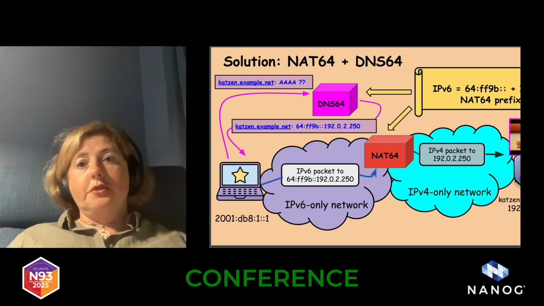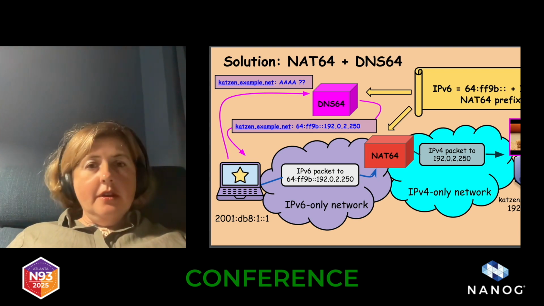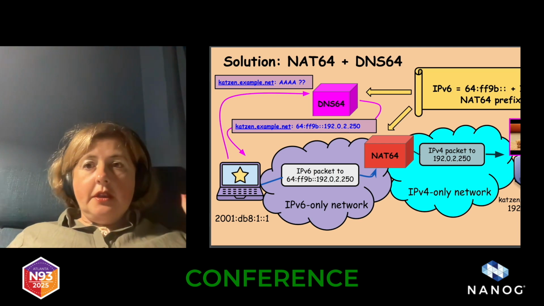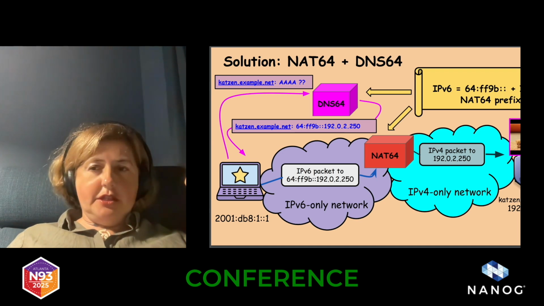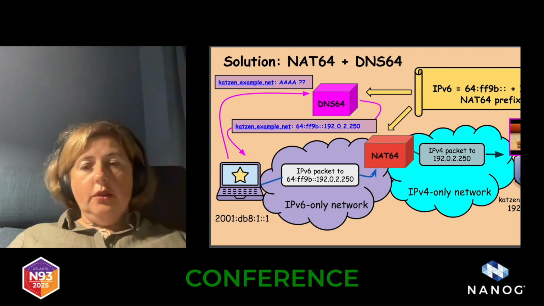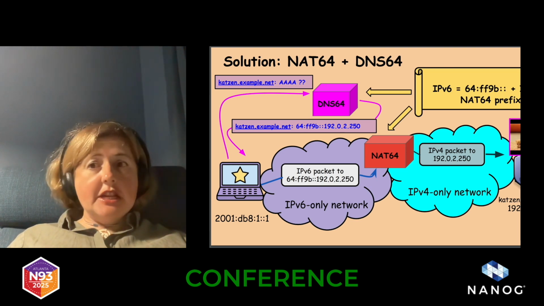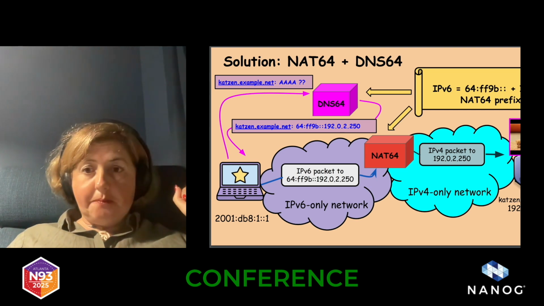And obviously, the return traffic will be translated. The key thing here is that DNS64 and NAT64 need to work together. They need to use the same NAT64 prefix. There is a well-known IANA allocated 64:ff9b::/96, but it actually could be any other one, and this is important.